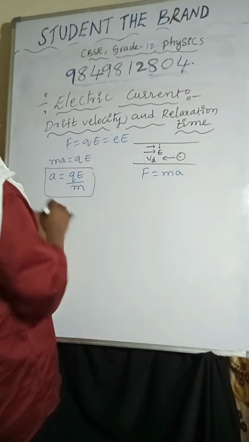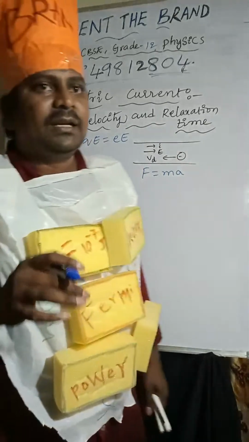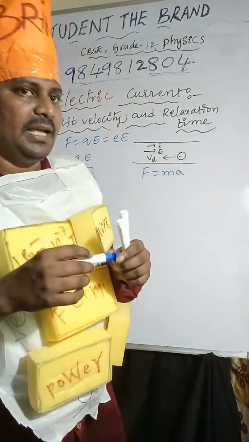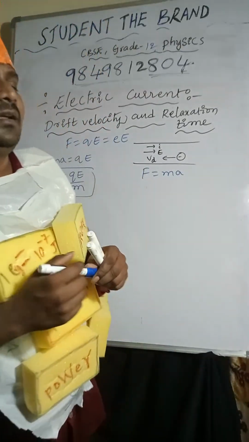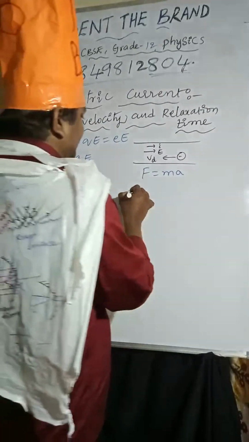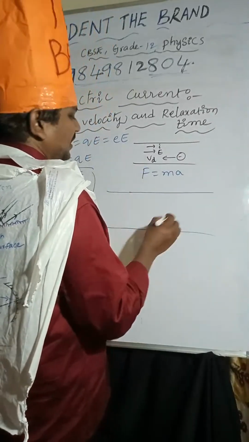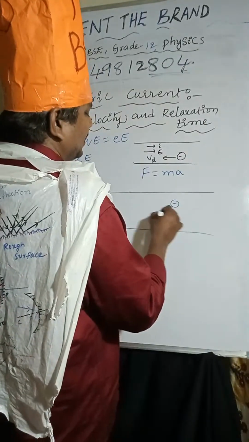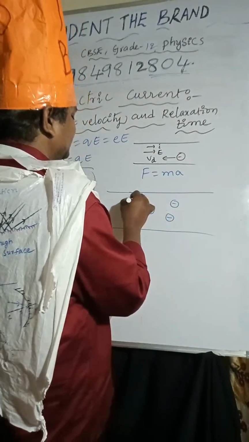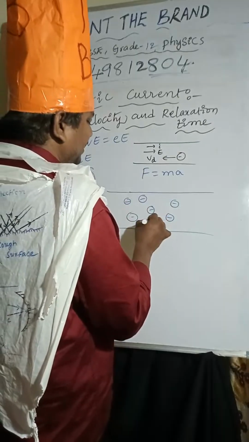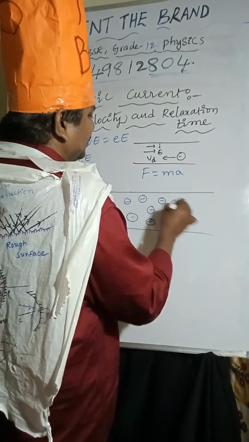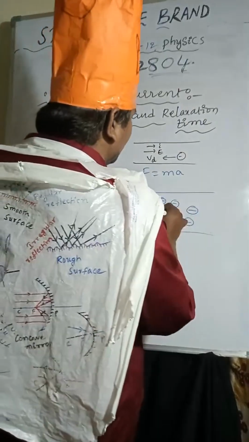Okay. So what is the meaning of drift velocity? If you take the conductor like this, electrons start moving in the conductor.